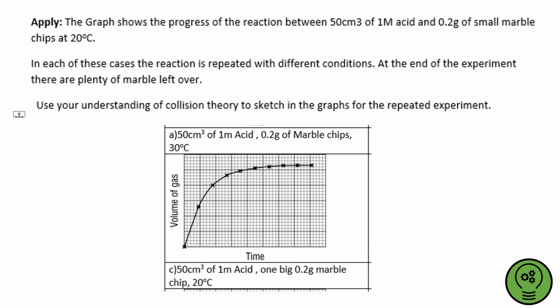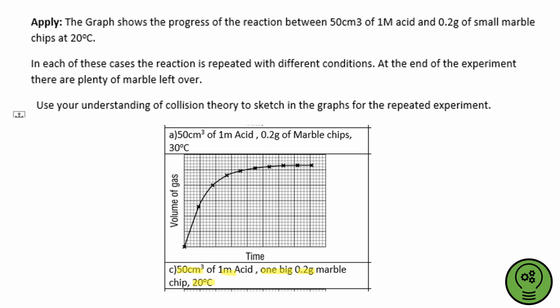Okay, so for this one here, I've got 50 centimeters cubed again, so that's the same. 1 molar, that's the same. 0.2, it's the same amount, but it's one big marble chip. And it's 20 degrees. So the thing that's changed then is the one big marble chip rather than small marble chips. So surface area, the smaller the pieces, the faster the reaction.